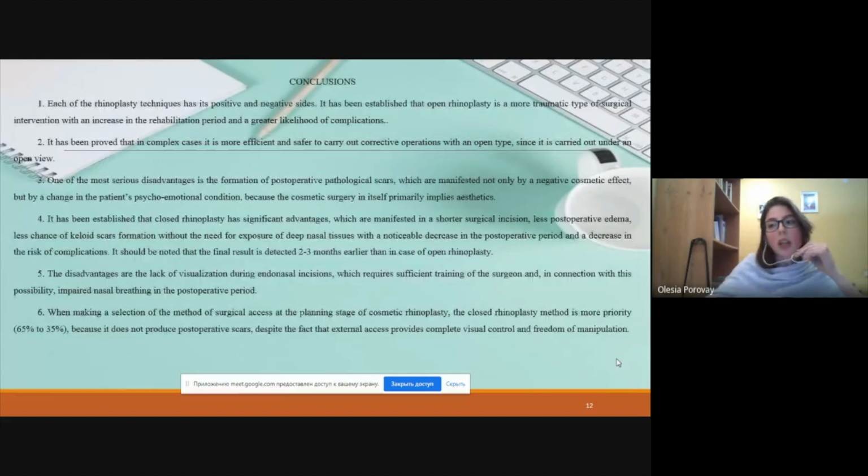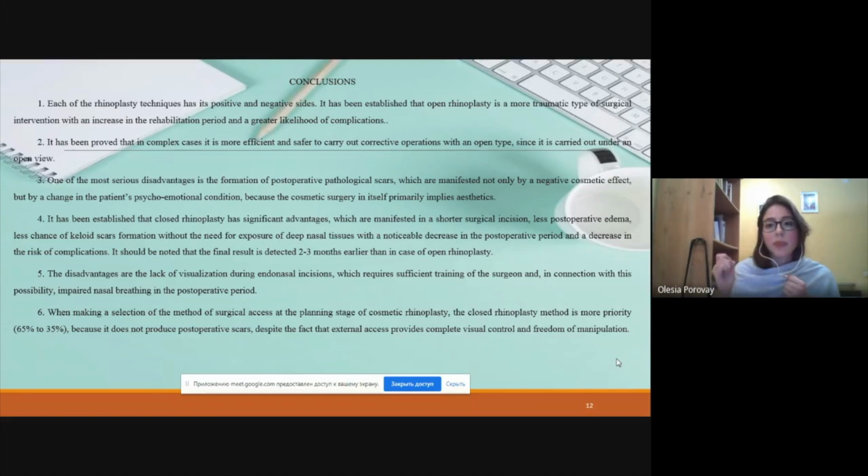Conclusions. In conclusion, I want to summarize and repeat that open rhinoplasty has the advantages of full visualization, it's very easy to assess intraoperative tissues of nasal deformations, and it's very easy to avoid some complications such as bleeding, but the disadvantage of this method is the high risk of keloid formation.